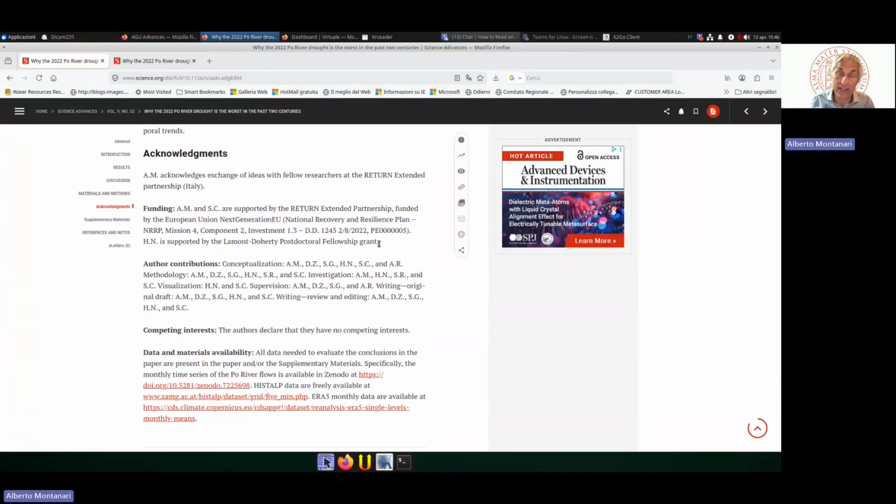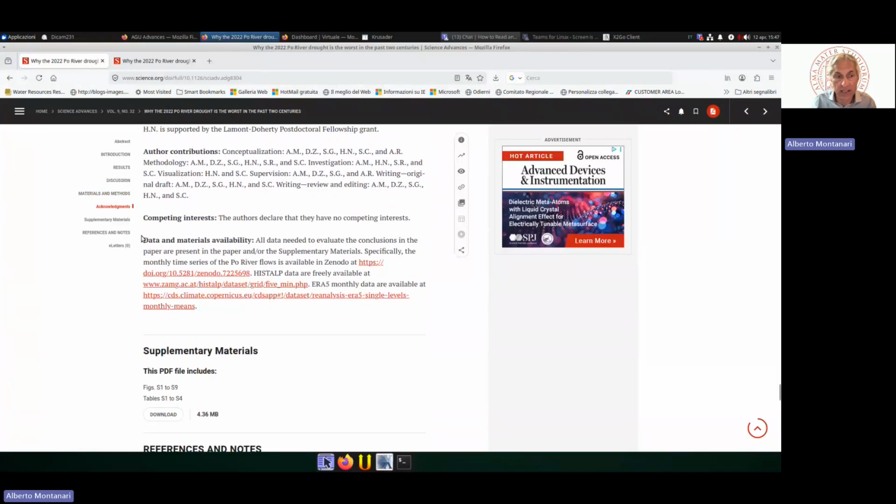Second, it gives you an idea of the context. Was it a project financed by public administrations or was it financed by the private sector? It's important. And also here it's required that the authors declare competing interests, and finally data and material availability.